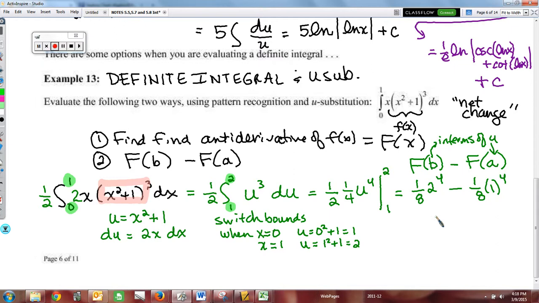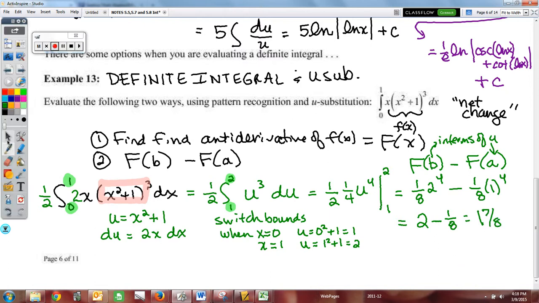It doesn't matter whether you're in terms of x or in terms of u, as long as you switch your bounds, you're fine. And so your final answer is going to be whatever 2 to the 4th is. 2 cubed is 8, 2 to the 4th is 16, 16 divided by 8 is 2, minus 1/8, or 1 7/8 would be our final answer.